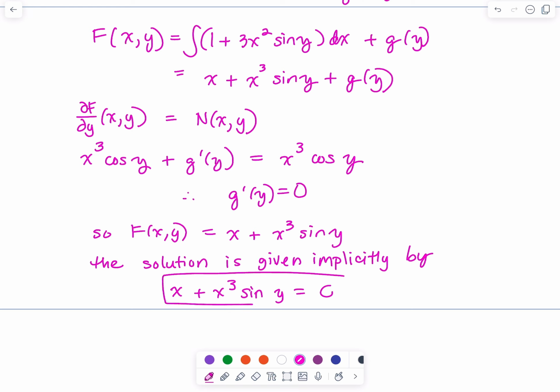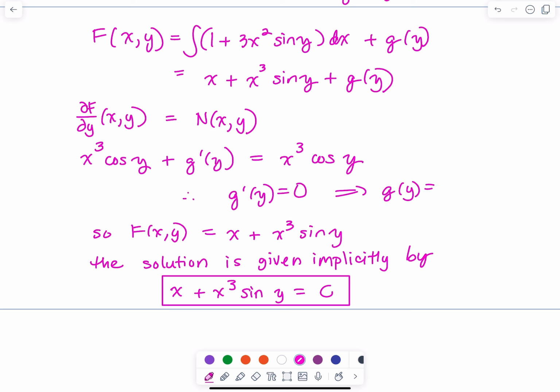So we'll go ahead and put here g of y is equal to a constant. And that would just get absorbed there. And that concludes this video.